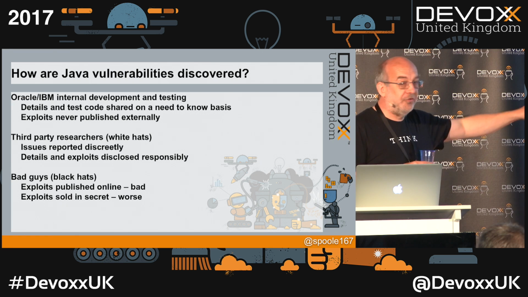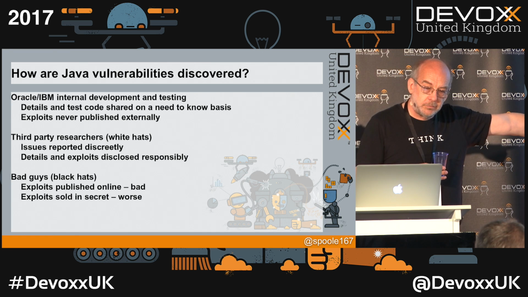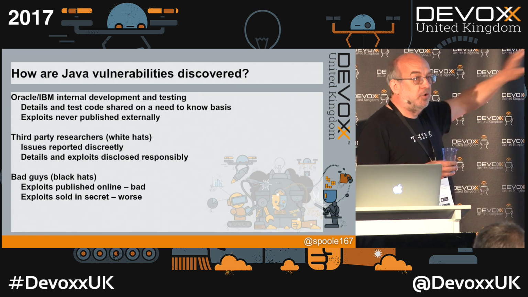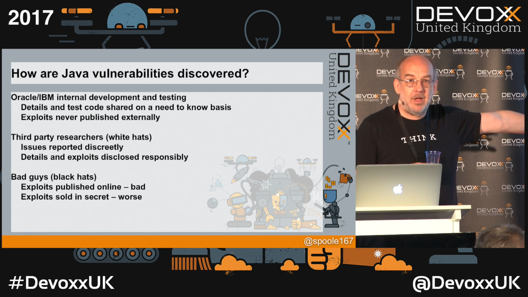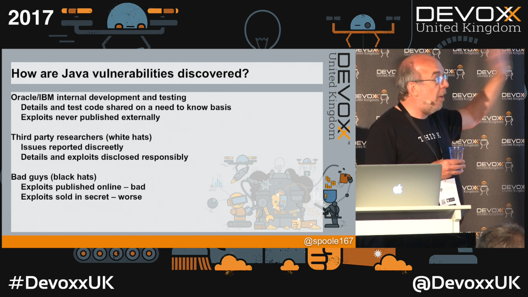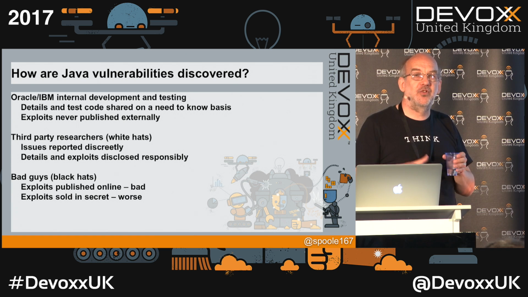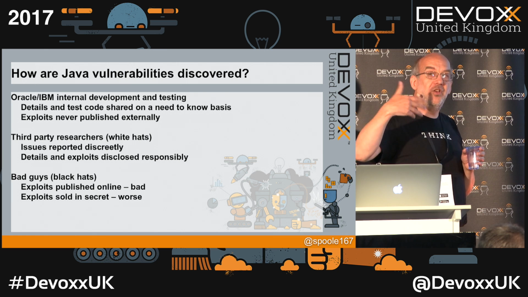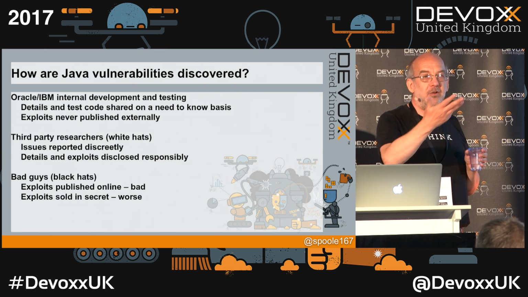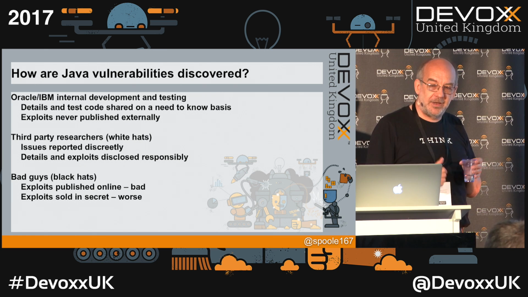And of course, the bad guys are doing it as well. So product teams, white hats, researchers, and the bad guys are all out there trying to find the vulnerabilities to get them fixed, so that you can apply the next version of Java, so you're not vulnerable, so you don't lose money or information, right? So we're all working together on this.